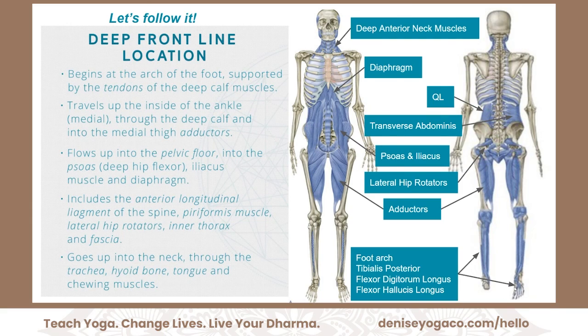So if we're starting from the foot, we go up the back of the calf here, and then we go into the adductors. So you have 5 adductors. 3 of them are short, 2 of them are long. You don't have to remember that. But look at the wad. Like so many people talk about this wad of tissue, and it's not a bunch of fatty tissue. It's 5 muscles, and one of them in particular is a really large muscle.